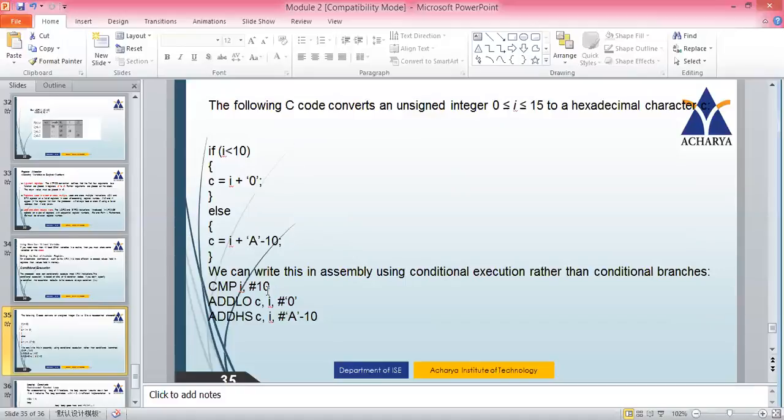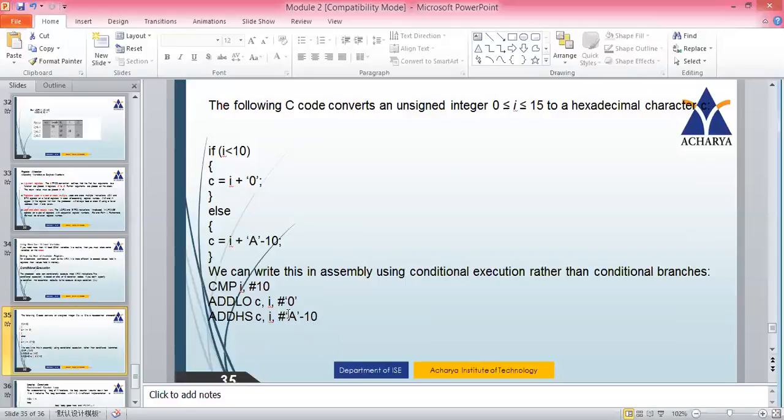The same thing we can write in assembly code. How? You're comparing I with #10. If it is lower, ADDLO, then I is added with the ASCII value of '0'. Whatever value comes, that is initialized to C. If it is higher, for example, I is greater than 10, then we make use of this: that gets subtracted with 10.